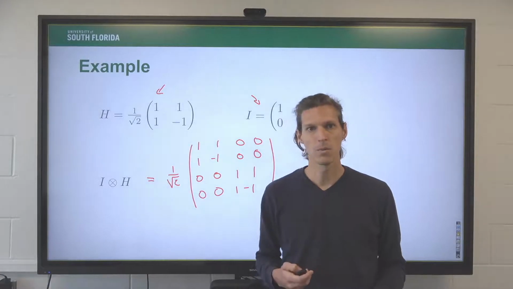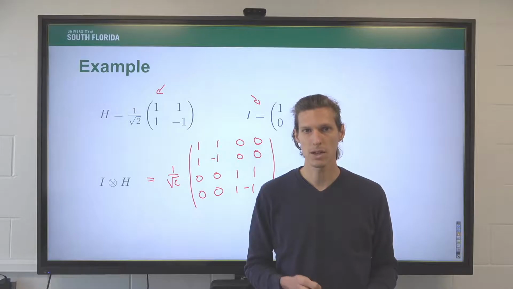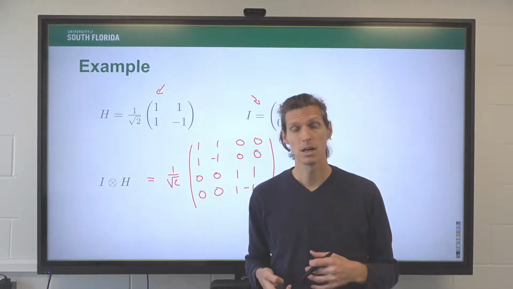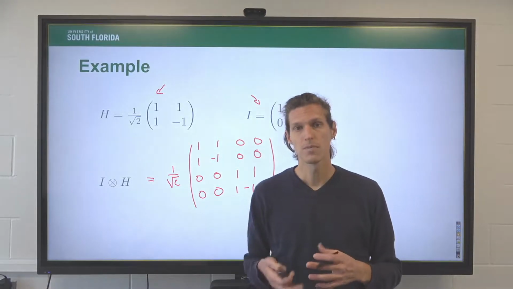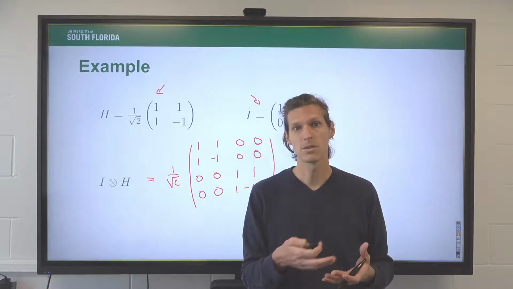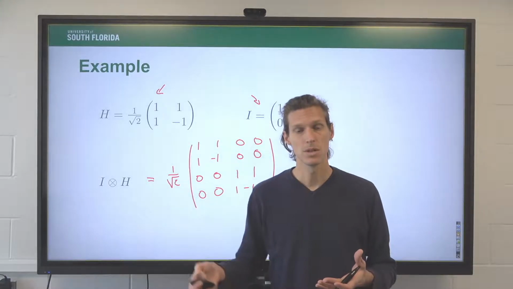Bear in mind, though, when solving exercises, that a lot of the time I'll be asking for the action of a particular tensor product of operators on a pure tensor. And if you're looking at the action on the pure tensor, it's usually easier to use the formula: A tensor B acting on V tensor W is really AV tensor BW.